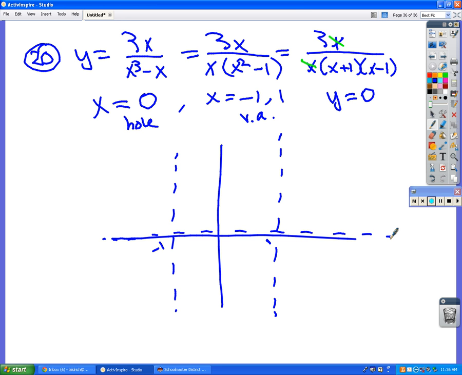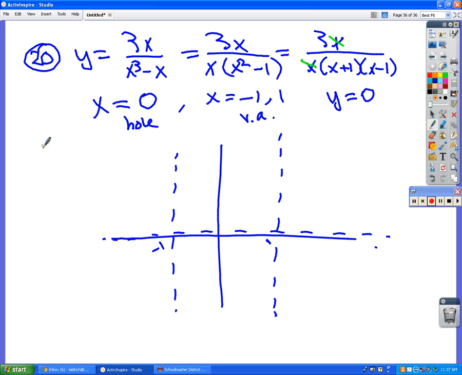So now we need to know what's going on, and I tried to explain this to you before. There's either going to be a branch here, a parabola there, and a branch here, or a branch here, a parabola there, and a branch there. The way you find out is you take the original function and pick a nice easy number. You can't pick 0 because 0 would be 0 on the bottom. So let's do 2.